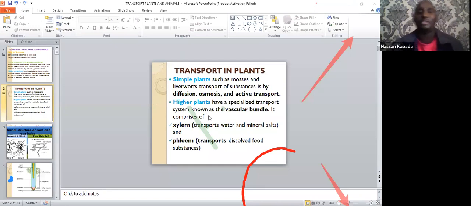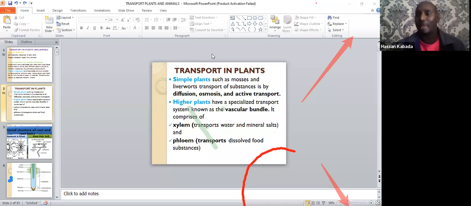So that is an introduction to transport in plants and animals in general. We've seen the definition of transport, the importance of transport, materials that can be transported, and also we've touched on the unicellular organisms and how they undertake transport, and we said it is via simple diffusion.